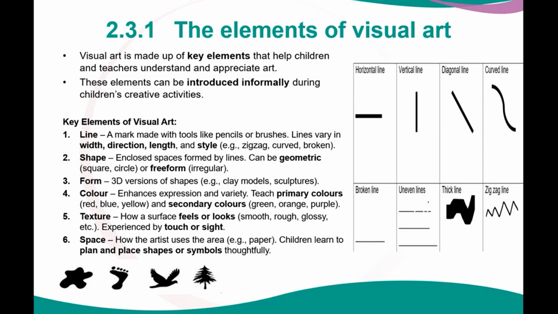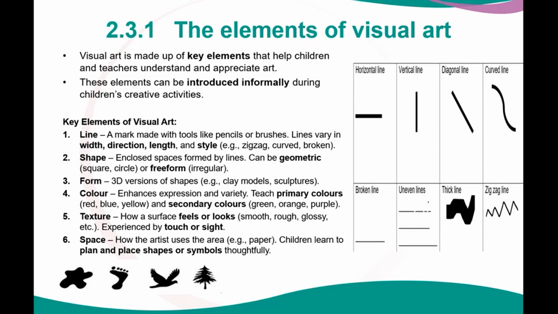When we look at shape, enclosed spaces formed by lines, it can be geometric, square, circle, or free form, irregular. You can see irregular patterns at the bottom as well. Form is 3D versions of shape, like we said, clay models and sculptures, and then you get color, things that enhance expression and variety. And we also need to teach our learners primary colors, red, blue, yellow, and secondary colors, green, orange, purple, things like that.